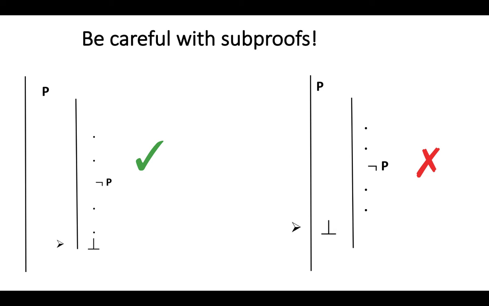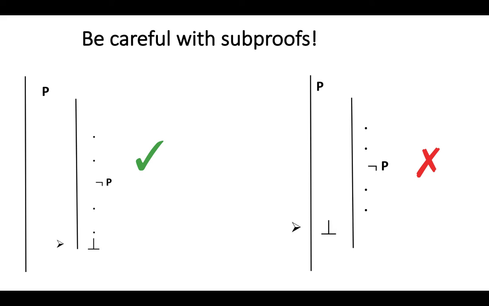In contrast, though, we cannot apply contradiction intro in the second example. The problem is that not P is derived in the course of a subproof to the right of the subproof where we want to apply the rule of contradiction intro. As a famous logician once said, what happens in the course of a subproof stays in the subproof. Some of our proof rules allow us to pull the conclusion of a subproof out of the subproof and back into the next proof to the left, but generally speaking, you can't use anything that is derived during the subproof.